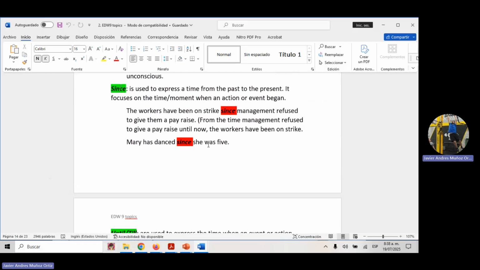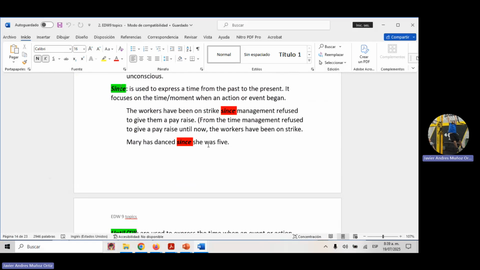We are going to focus on the moment something started. We are not going to focus on when it finished. We are going to only focus on when something started. Since 1994, since last year, since 6 a.m. today, for example.